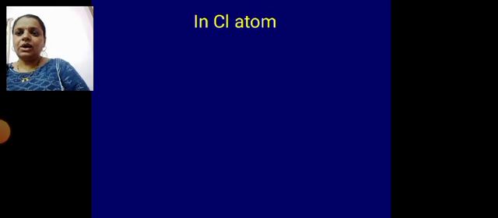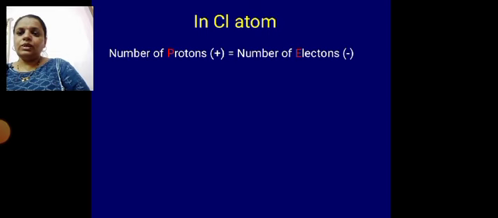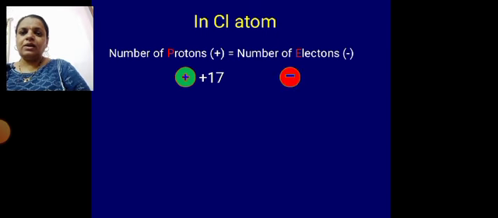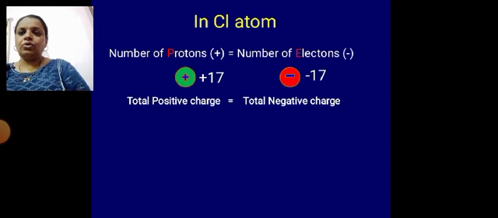Now we will understand how this charge comes. In the chlorine atom, as usual, the number of protons is equal to the number of electrons. The protons are plus 17 and the electrons are minus 17. So the total positive charge equals the total negative charge. That's why the total charge is 0.